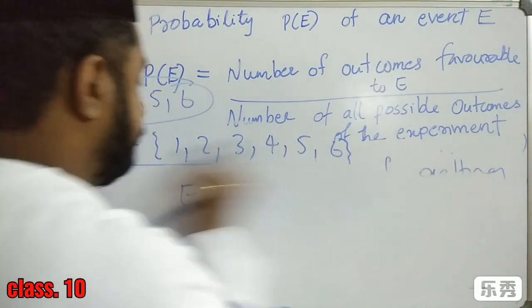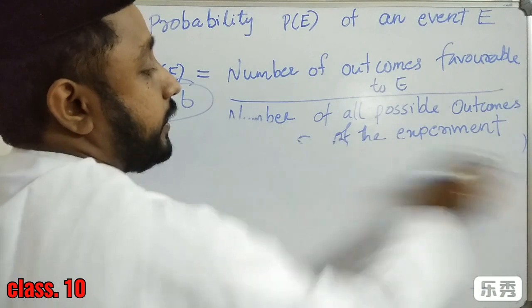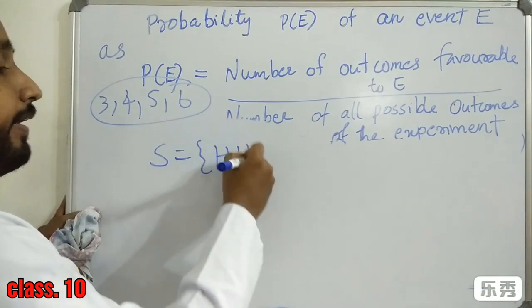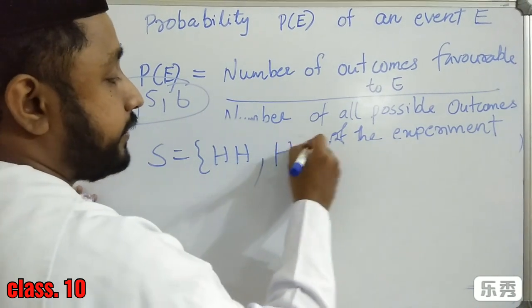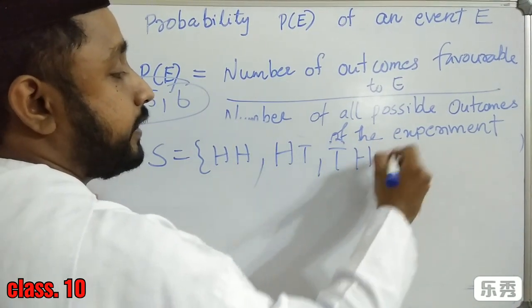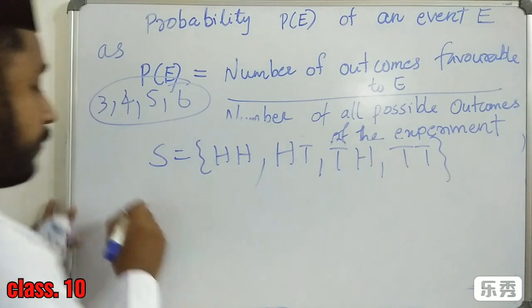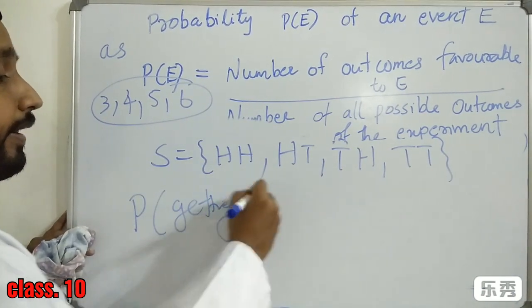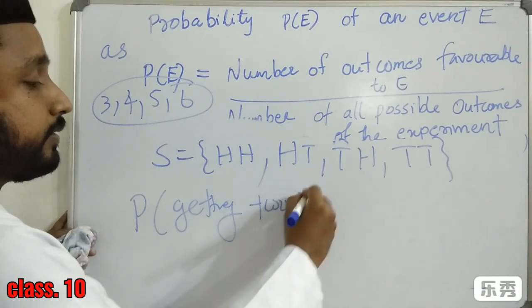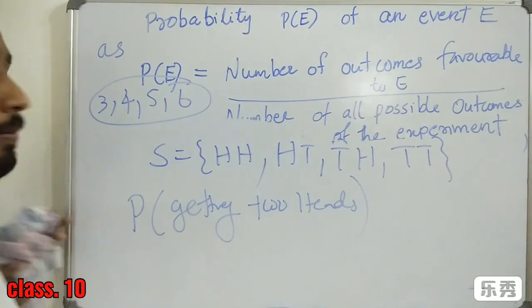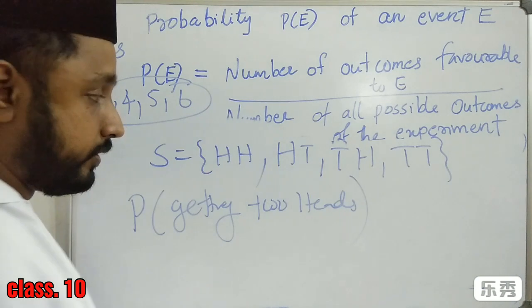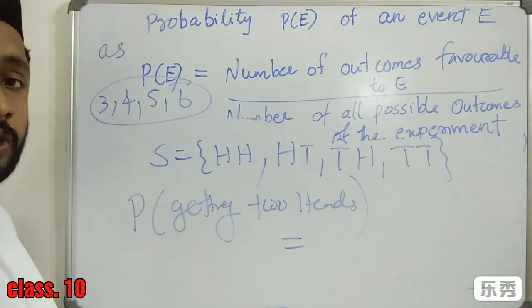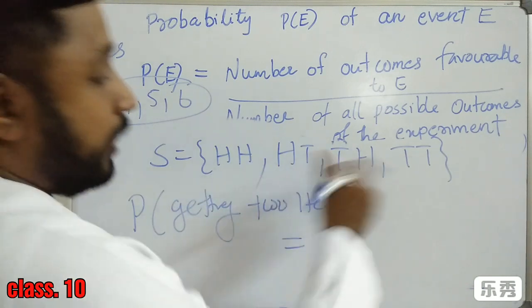Another example. Tossing 2 coins. The sample space is head head, head tail, tail head, tail tail. Probability of getting 2 heads. In this experiment, how many outcomes have 2 heads?